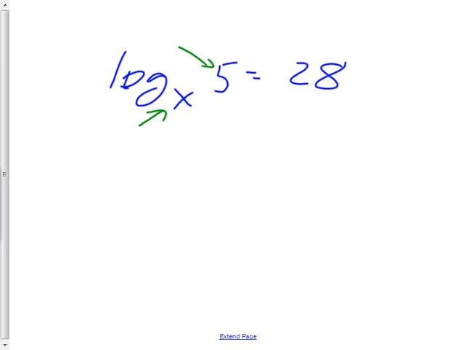So if you solved it all down and even seemed like it came out with the right answer, sometimes their right answers are not allowed because you can't have a negative down in the, what's that called, the base. And you also can't have a negative here in the argument. These can be negative anytime you want. That's not a problem. It's only this spot and this spot that can't be negative.